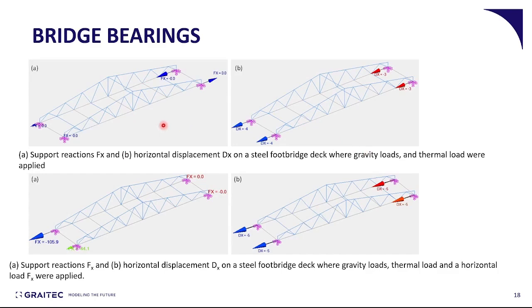On the left-hand side screenshot, we see the bridge deck when the supports are not activated, which means the horizontal displacement is below the 5 centimeters, and in this case, as we can see, the reactions are equal to 0 because there is no activation of the support.